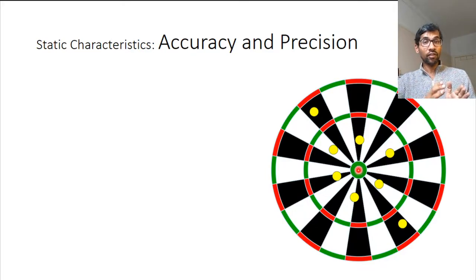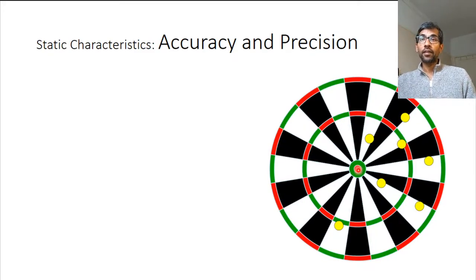It's accurate, but not precise. What about this? Again, all the arrows are all over the place. It's not precise, and it's not accurate either, because if you take the average of these shots, the center probably lies somewhere here, which is quite far from the true value. So it's not accurate and not precise.